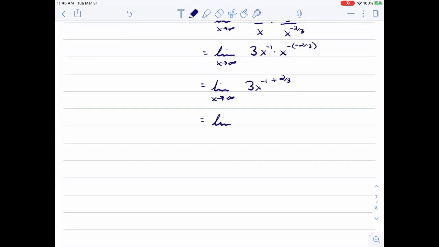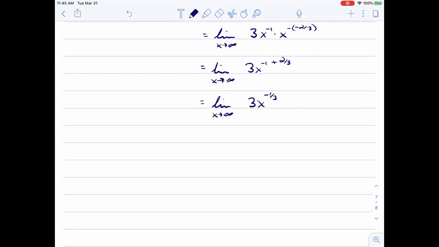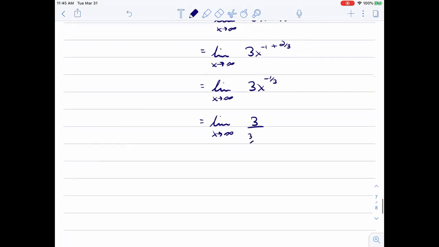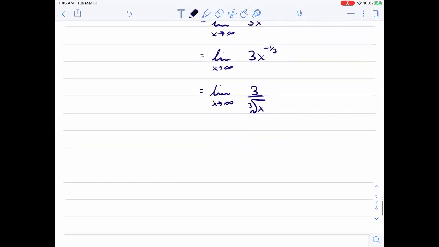So I get the limit as x goes to infinity of 3 times x to the negative 1 over 3, which is the same as the limit as x goes to infinity of 3 over the third root of x. As x goes to infinity, I know this thing goes to infinity, and so 3 over infinity is going to go to 0.